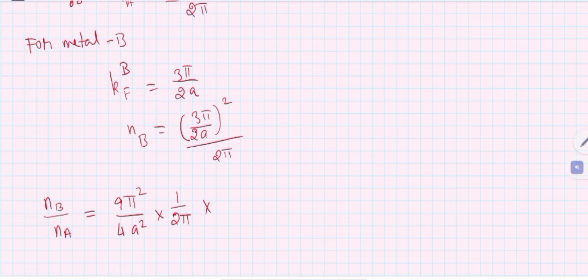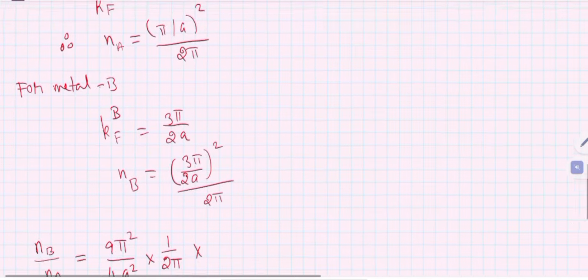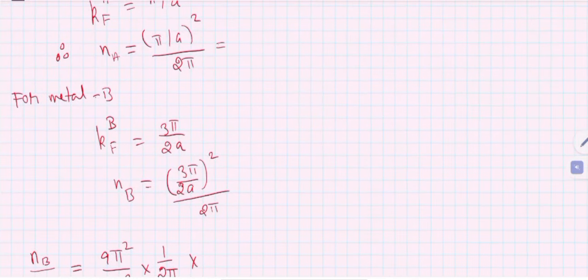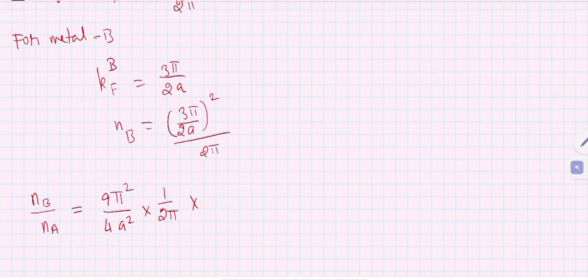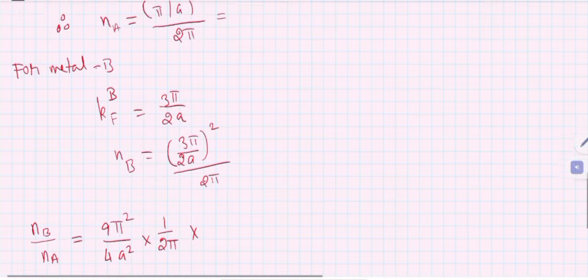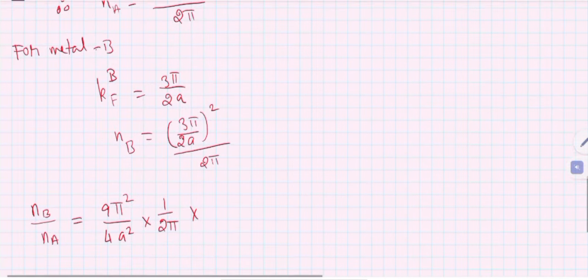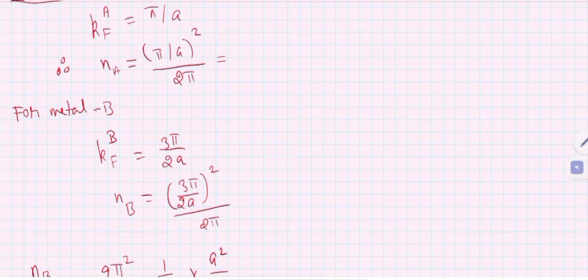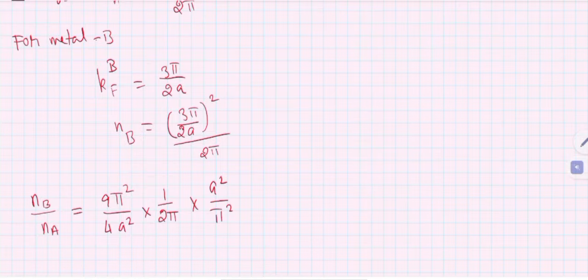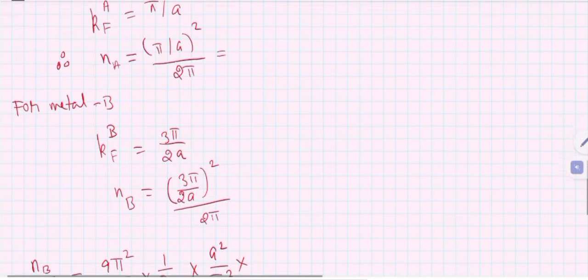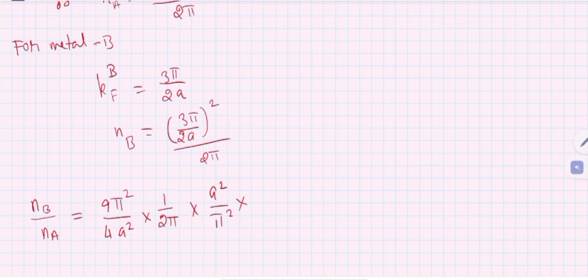NA is in the denominator, so the denominator factor should be pi square by a square into 1 by 2 pi.